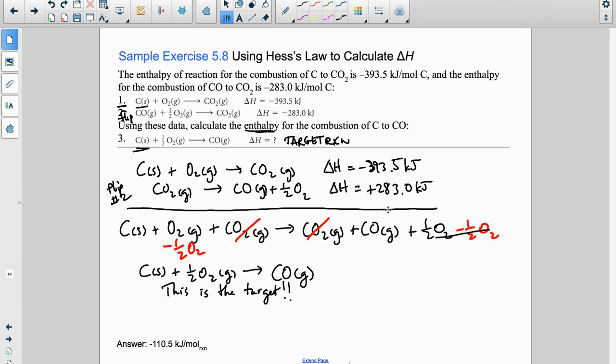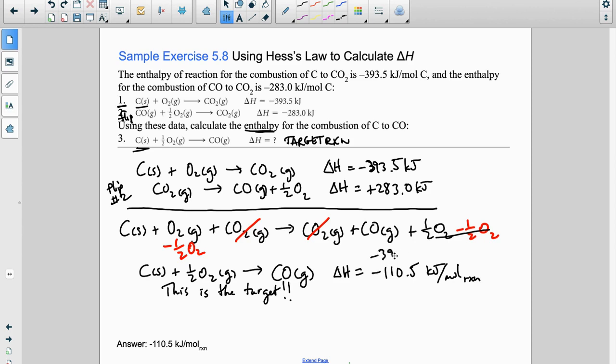So all I have to do now to get the delta H for the target reaction is to add my delta H's. So adding those together, I end up with minus 110.5 kilojoules per mole reaction. Let me write out the actual steps that I did.